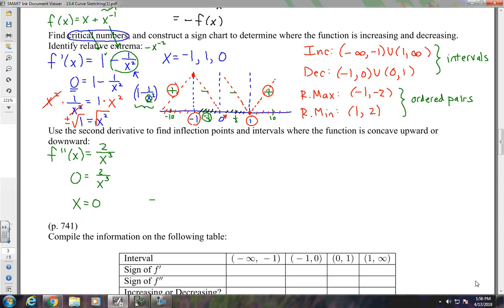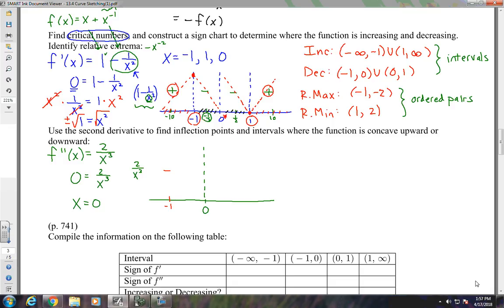But just like we did previously, I'm going to put this potential inflection point on a sign graph. And I want to judge the sign of my second derivative on each interval using test points. So I could pick a test point less than 0, such as negative 1, and I would see that the sign of my second derivative is negative.